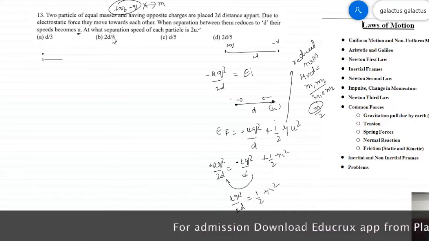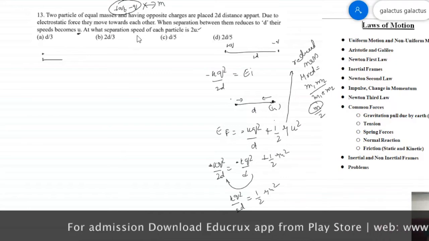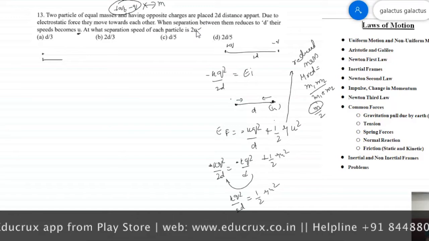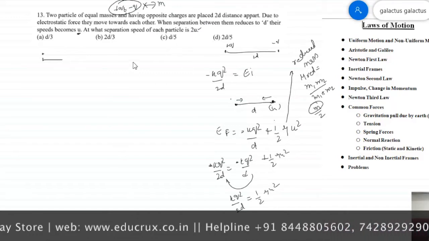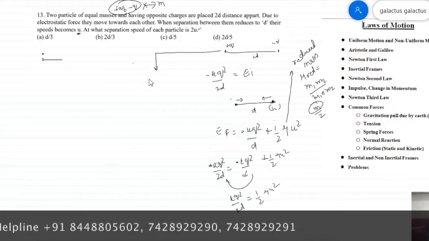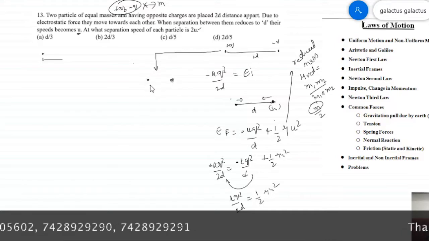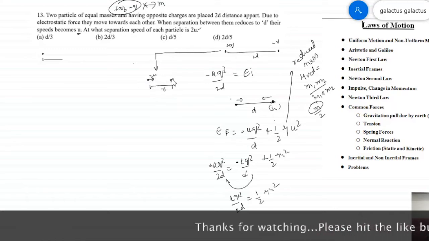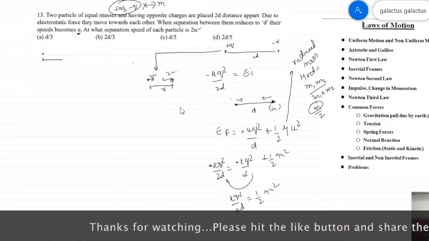Now we are asked what will be the distance of the particle when the speed of each particle is 2u. So let us say from this initial configuration, the particles come to a new configuration at a general distance r, where the speed of each particle is now 2u.